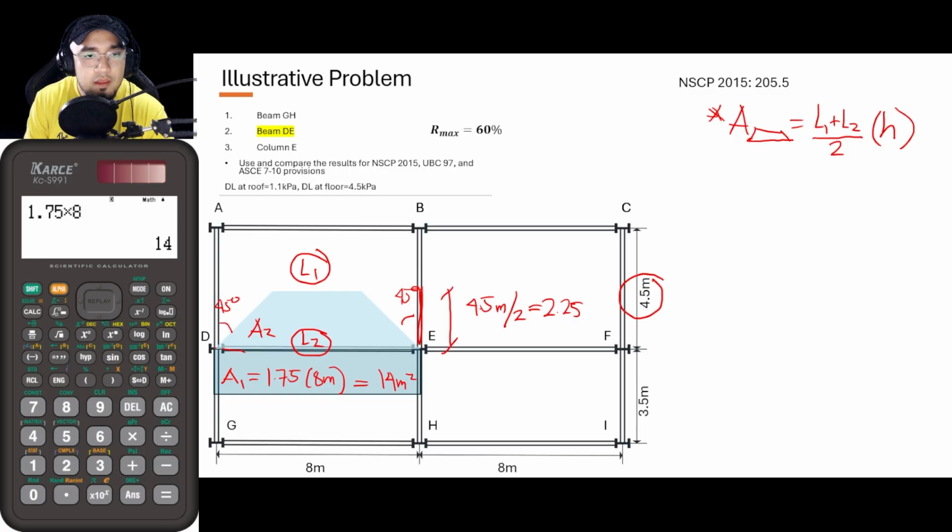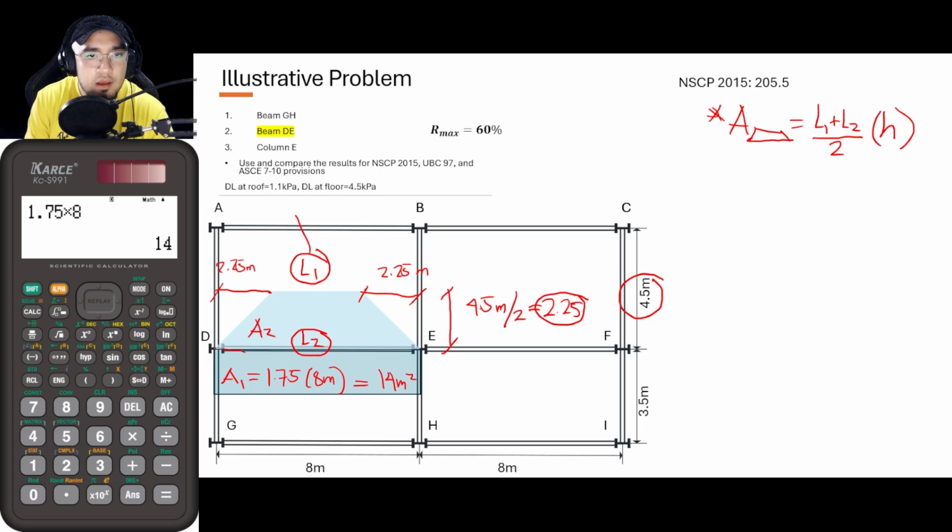So from that, if this is 2.25 meters, we could also say that this here is also 2.25 meters, and this here is also 2.25 meters.